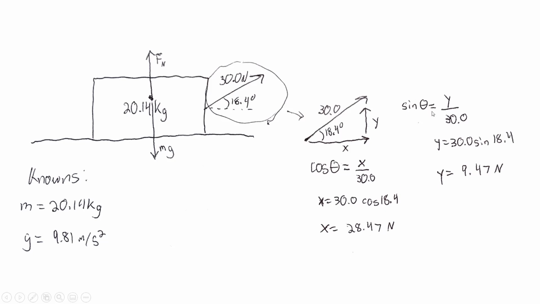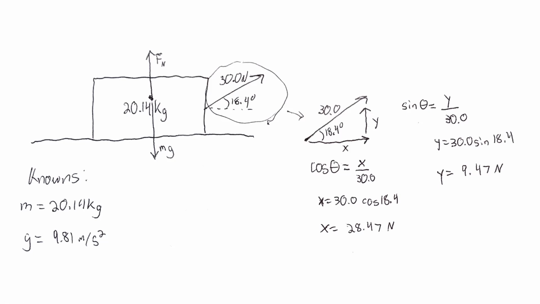We can do the same thing for the y component vector. Sine theta is equal to opposite over hypotenuse. Solve for y: 30 times sine of 18.4 degrees. We get 9.47 newtons. So now we have our horizontal force and our vertical force.